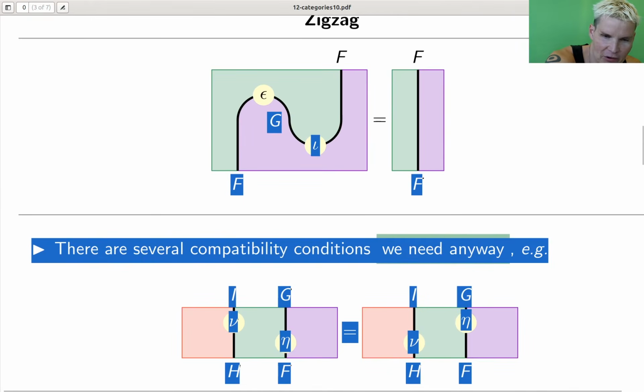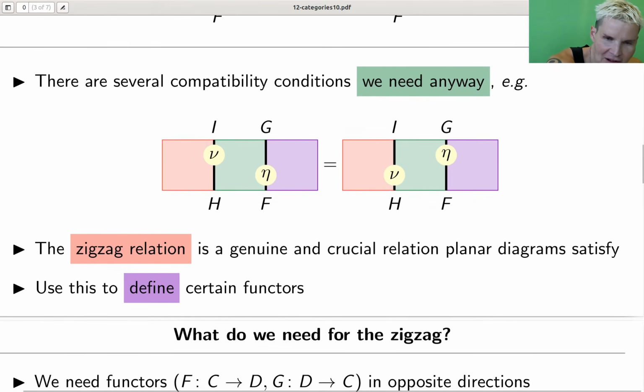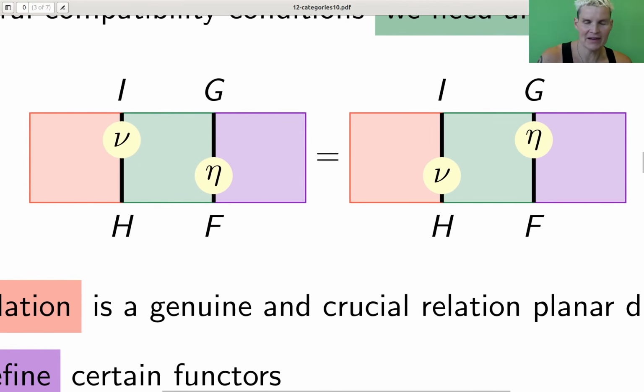And there are several other compatibility conditions which also look very nice diagrammatically. So this one is called the interchange law. Whatever, it is literally just saying if you have two natural transformations between F and G and between H and I, then they satisfy this sliding type rule, which from plane geometry, plane topology, makes absolute sense, right?